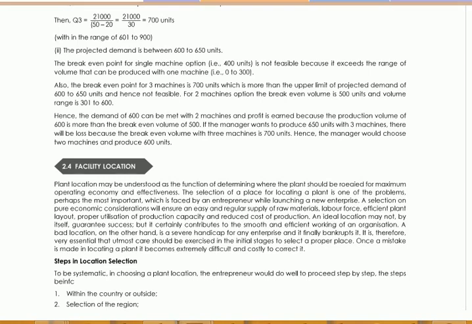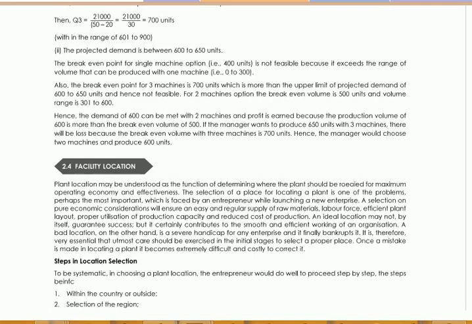Now if we go to the last part, the number of machines being 3. Using the data given for 3 machines, the break-even point comes around 700 units, and the projected demand is 600 to 650.